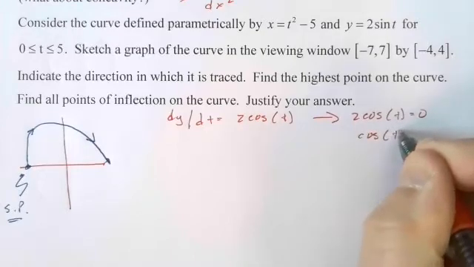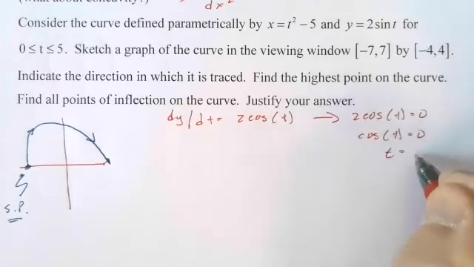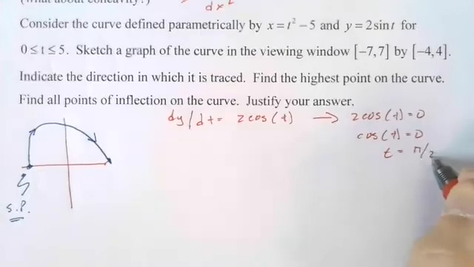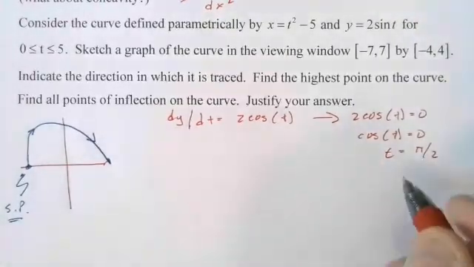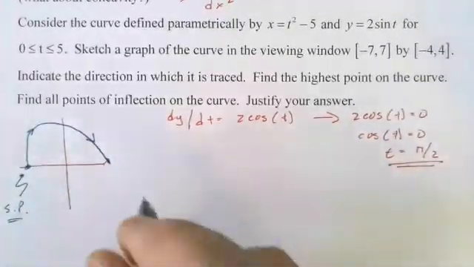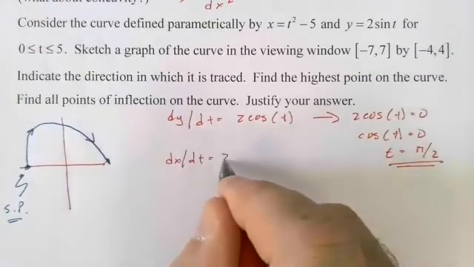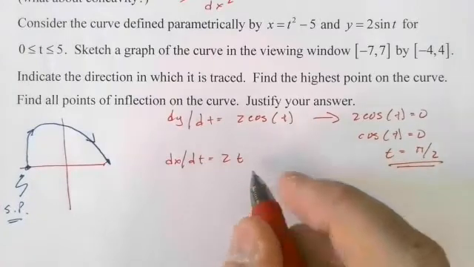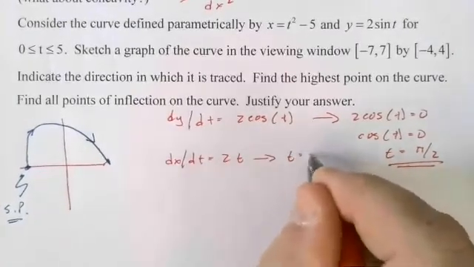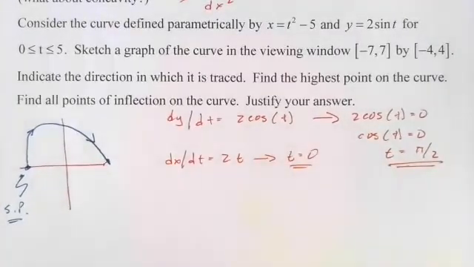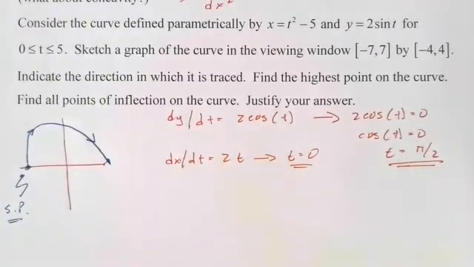Cosine of t equals 0. T equals pi over 2. I don't think I'm going to need that, but I'm just being aware in case something goofy happens later. Dx dt equals 2t. Well, that one's easy. That's when t equals 0. Sure, whatever. All right. Now what?